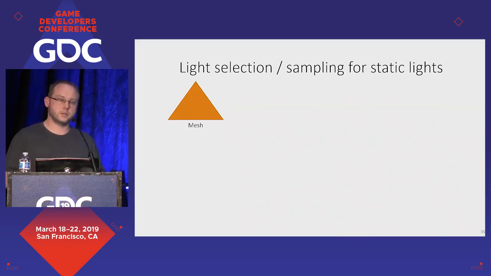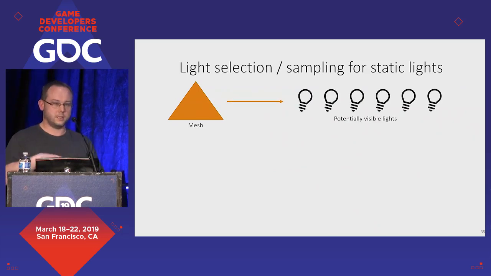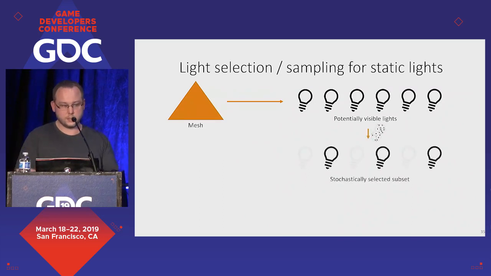So we used the potentially visible set from Quake 2. So this would tell us for a cluster of the map which light sources can actually be visible. And so we encoded this as a list to be part of the mesh on the GPU. And so we then stochastically sampled from this light list. So this can still be like 20 candidates or something like that. And so to make it a bit cheaper, we just stochastically select a subset.